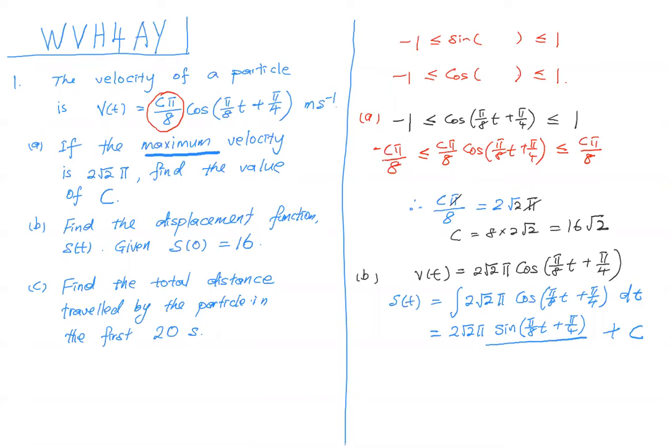Okay, divide by what? Pi over 8. Divide by pi over 8, correct or not? Is it divided by pi over 8 or pi over 4?